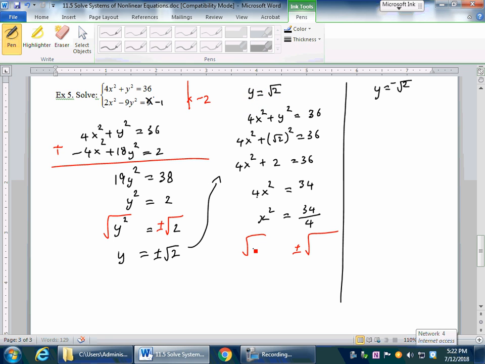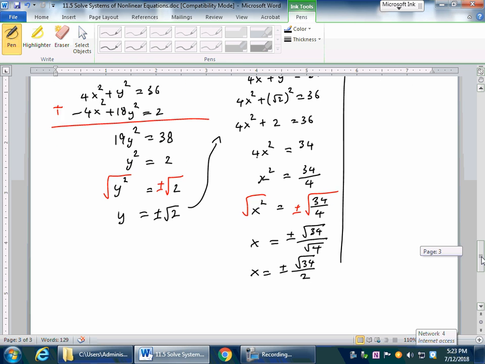So square root of x squared is equal to plus or minus square root of 34 over 4. So square root of x squared is equal to x, and plus or minus square root of 34 over square root of 4, which will give me x is equal to plus or minus square root of 34 over 2.